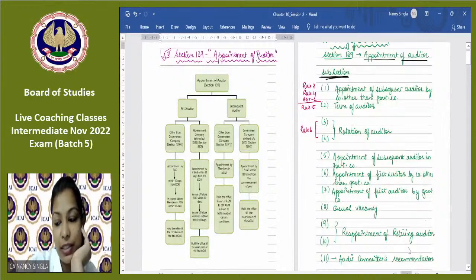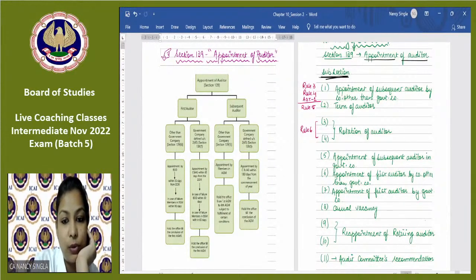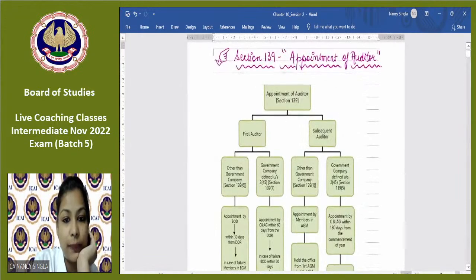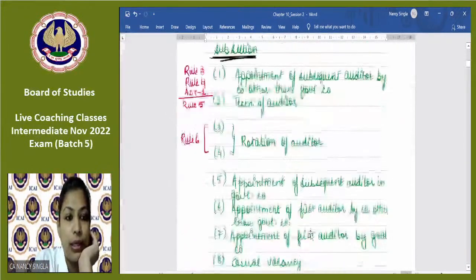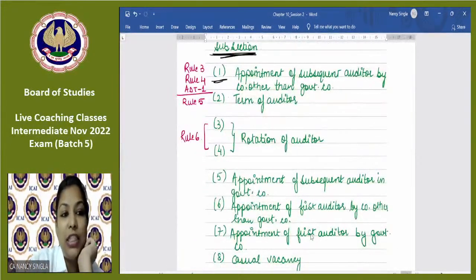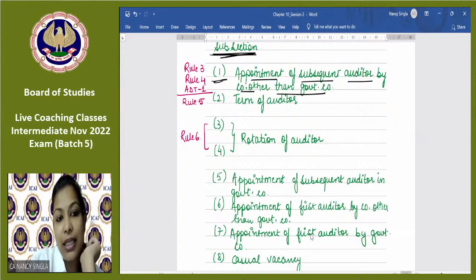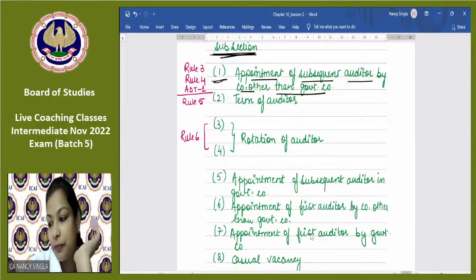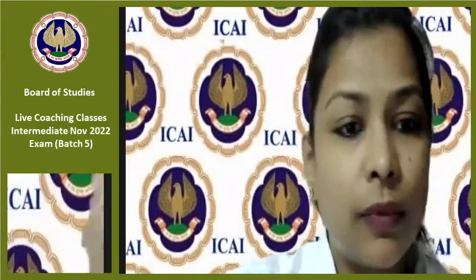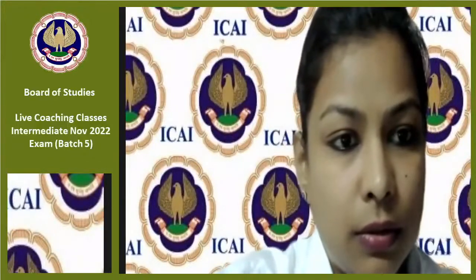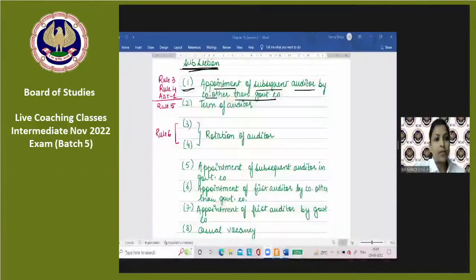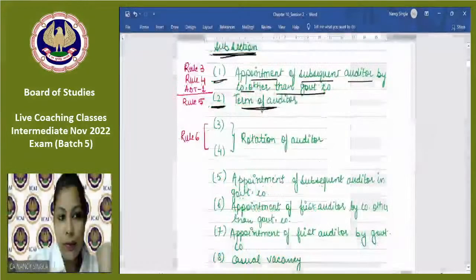Is my screen visible? I'll increase the size. So subsection 1 deals with appointment of subsequent auditor by company other than government company. Subsection 2 deals with term of auditor.